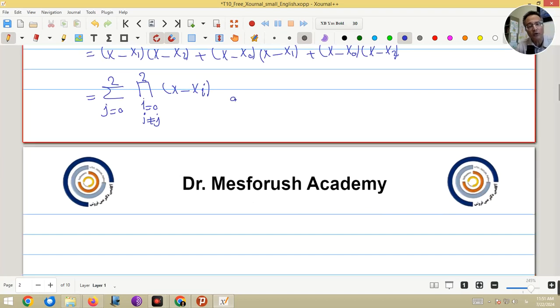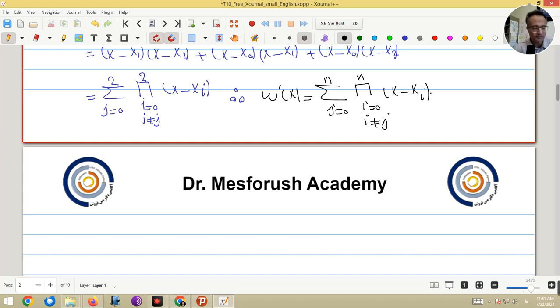In general form, we can conclude that w prime of x should be the sum over j equal to 0 to n of the product over i from 0 to n, i not equal to j, of x minus xi. There is no difference in the form of the function. Just the upper bound will change from 2 to n.